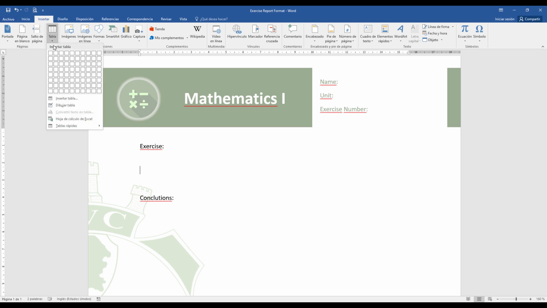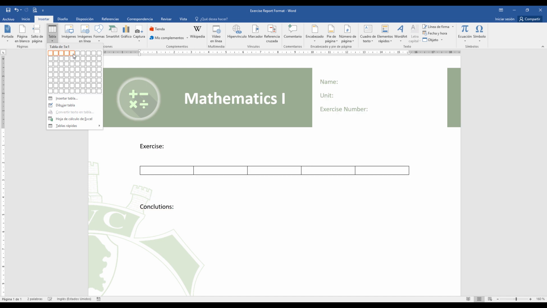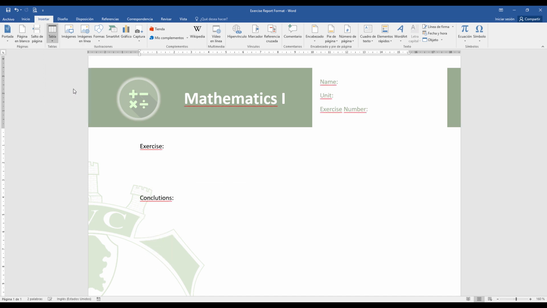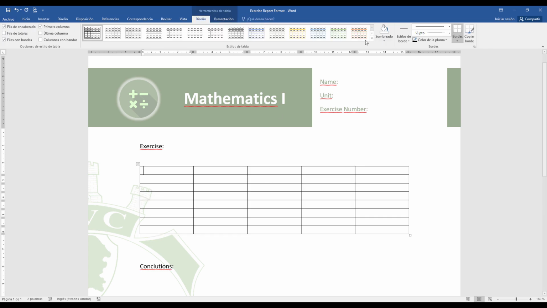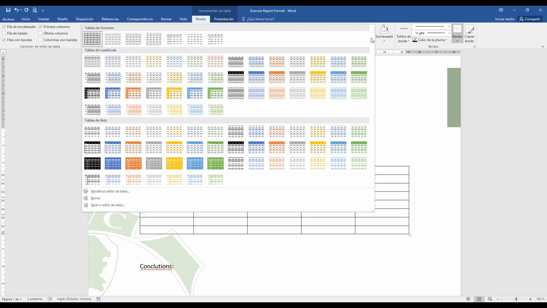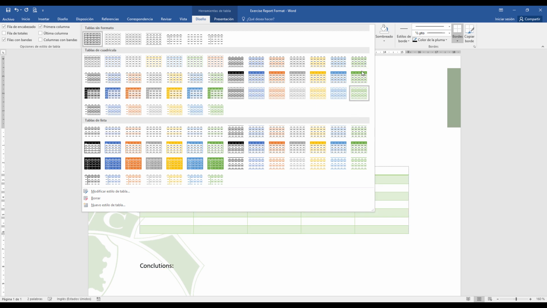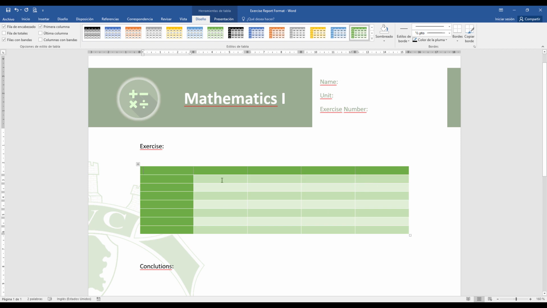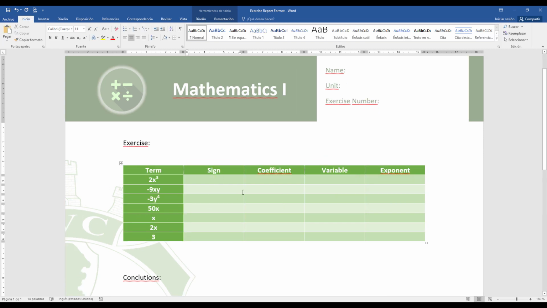Okay, all of you will do that. We'll insert a table. Let me use a format for that table. Now, this is the table that you will fill.